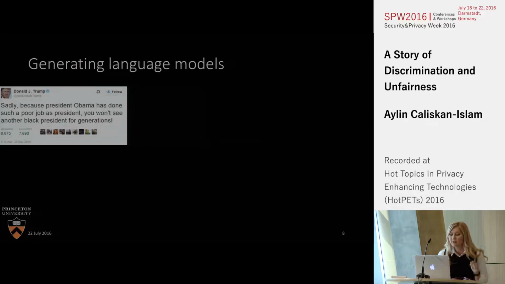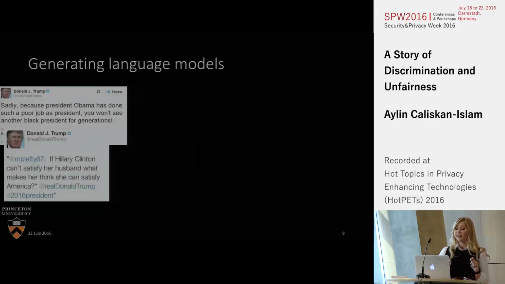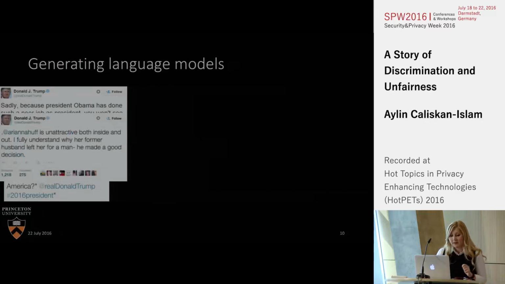We start with the real Donald Trump saying, "Sadly, because President Obama has done such a poor job as president, you won't see another black president for generations." And then we have, "If Hillary Clinton can't satisfy her husband, what makes her think she can satisfy America?" And our language model is learning all of these. Next, "Ariana Huffington is unattractive both inside and out.